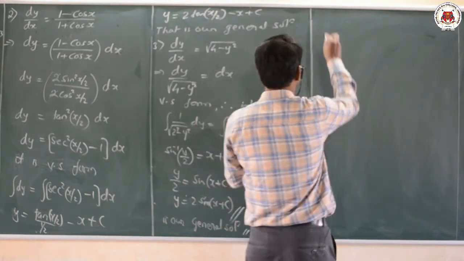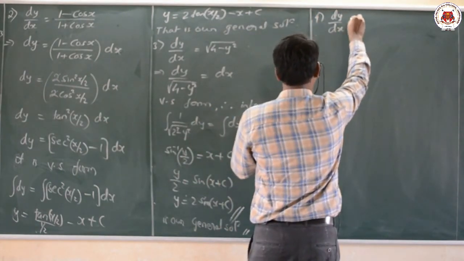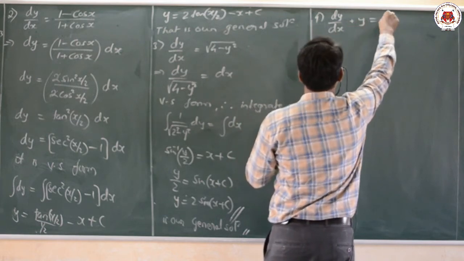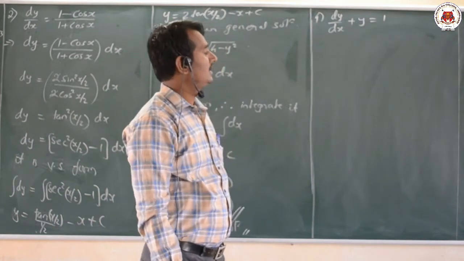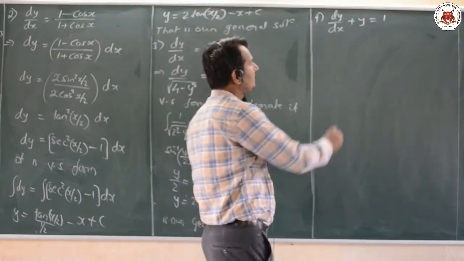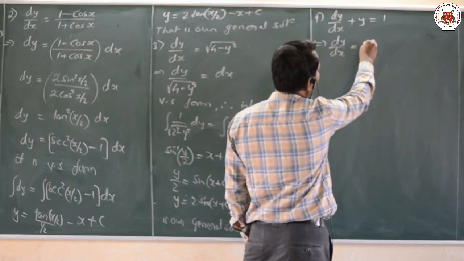Now let us begin with the fourth one, dy by dx plus y is equal to 1. Let us start with this particular problem. I can write it as dy by dx equal to 1 minus y.